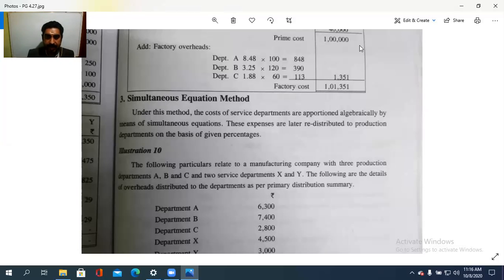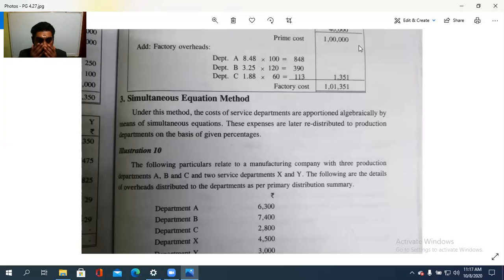So we see the direct distribution method, the repeated distribution method, and the third one is the simultaneous equation method. Under this, the costs of the service departments are apportioned algebraically by means of simultaneous equations. So we need to make an equation for this. These expenses are later redistributed to the production departments on the basis of the given percentages.